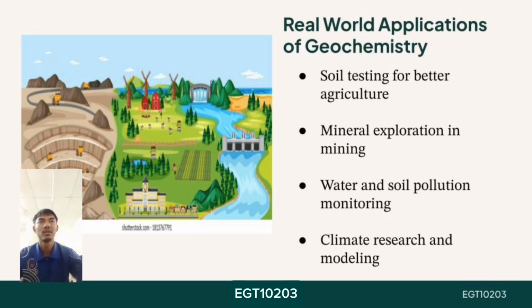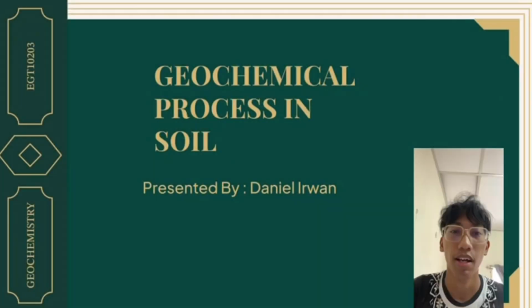Environmental scientists use it to monitor pollution in rivers or groundwater, and finally, it plays a critical role in climate research, helping scientists understand carbon cycles and greenhouse gases. So you can see geochemistry is a powerful tool for solving real world problems.